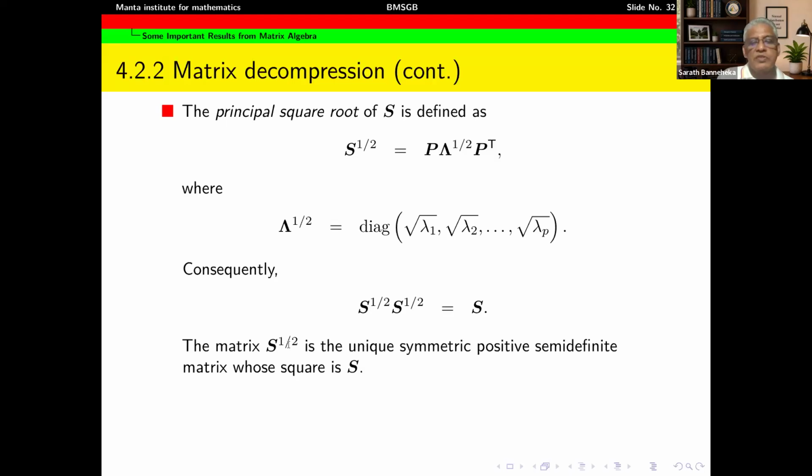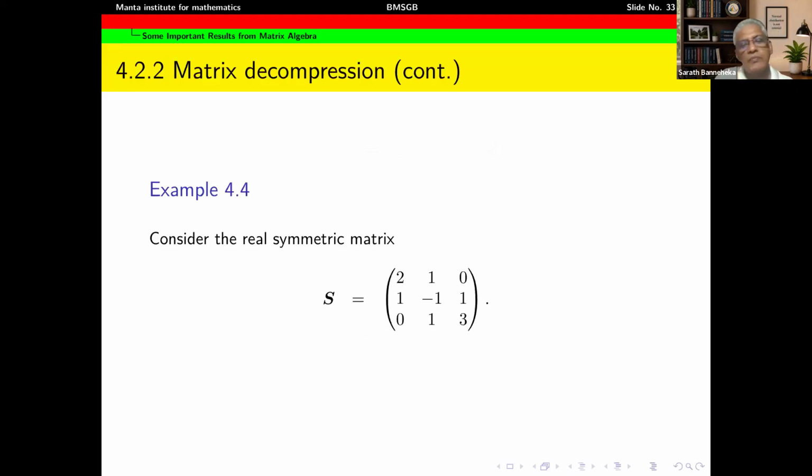So the matrix S half is the unique, symmetric, positive semi-definite matrix whose square is equal to S. So this is a very useful result when you are considering the multivariate normal distribution later on.